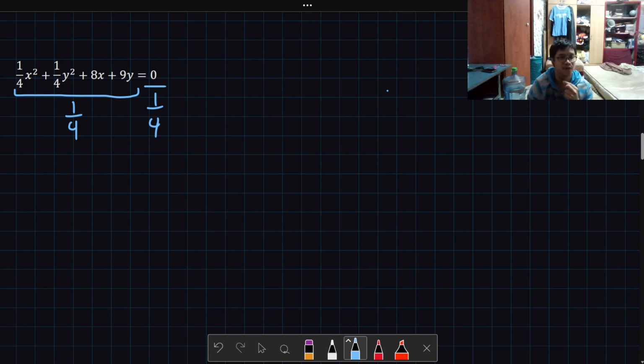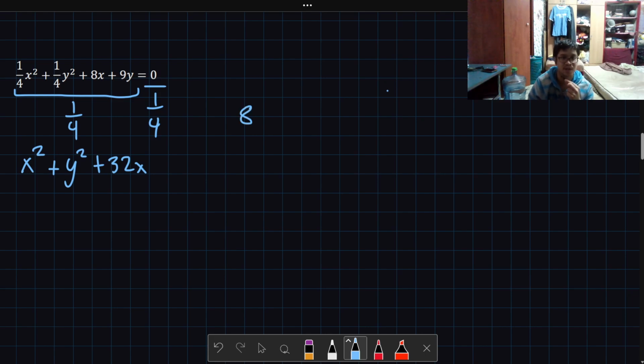One fourth x squared divided by one fourth is just simply x squared. One fourth y squared divided by one fourth is y squared. 8x divided by one fourth, all right, this would be 32x.